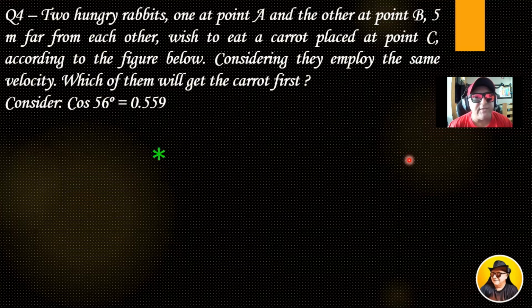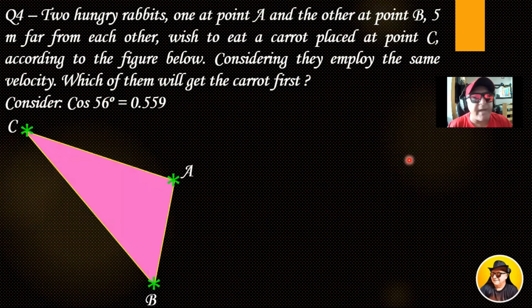Well, the situation is, so this is rabbit A, the other rabbit is rabbit B, and the carrot is at point C. Okay, so they form among them a non-right triangle.